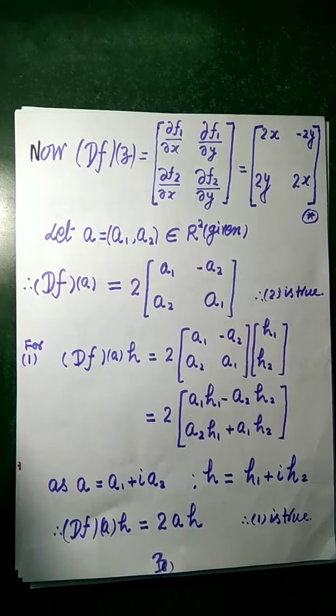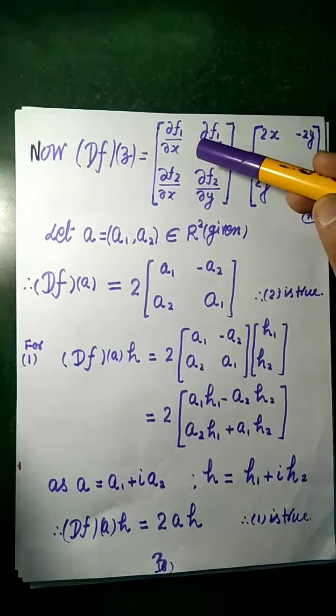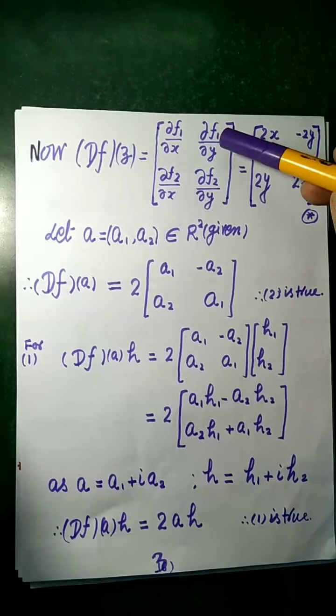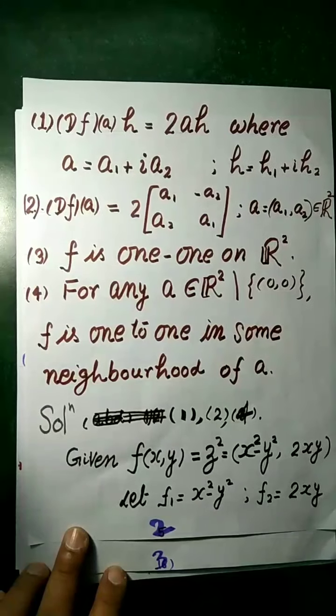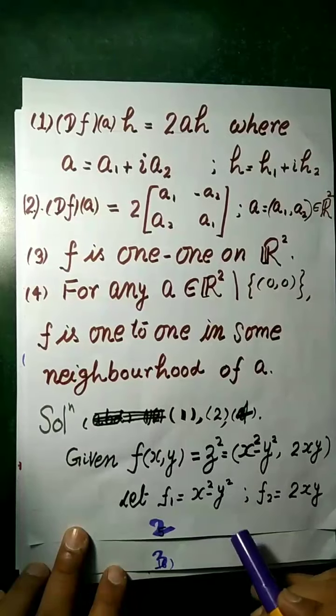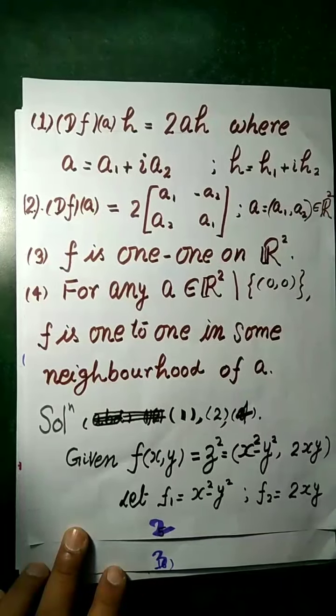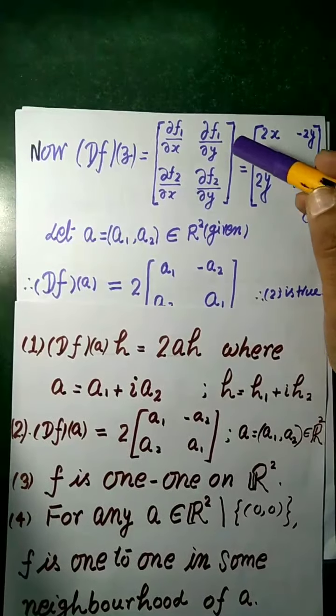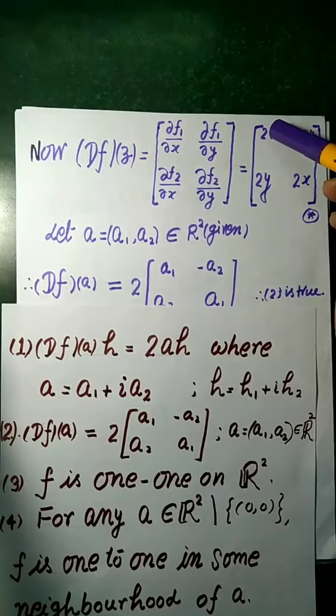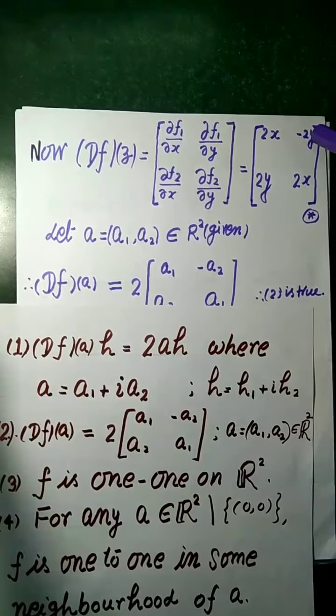According to the given options, first of all we will calculate del f1 del x, del f1 del y accordingly, because f1 is x squared minus y squared, f2 is 2xy. So del f1 del x is 2x, similarly minus 2y, and so on.